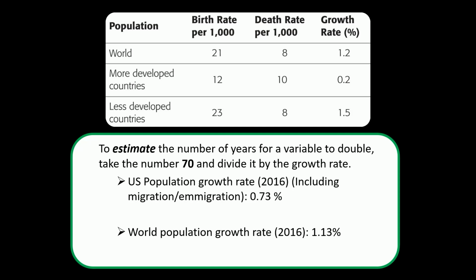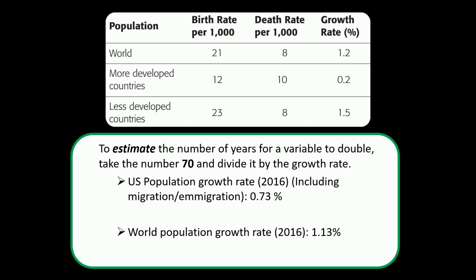So in more developed countries, the annual population growth rate is about 0.2%, and in less developed countries, it's about 1.5%. You can see from this table here, the annual birth rate per 1,000 people is about 21 globally, and death rate per 1,000 people is 8, right? So you could see that, hey, if we're getting 21 births for every 8 deaths per 1,000 people on Earth, of course our population is growing.